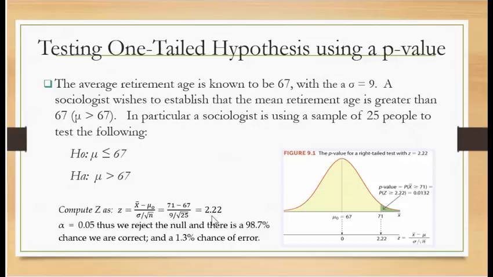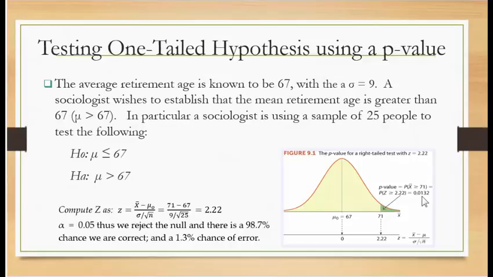The area is about 98.7, and so that means that the actual chances of it occurring are about 1.3% chance of error. So that is sufficient for us to say, nope, we reject the null in favor of the alternative. Indeed, the average retirement age is older than 67.